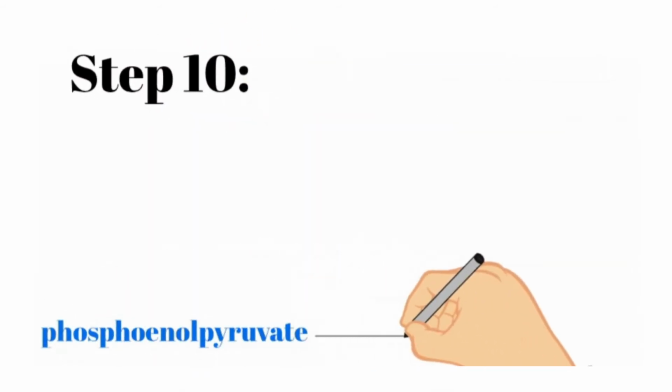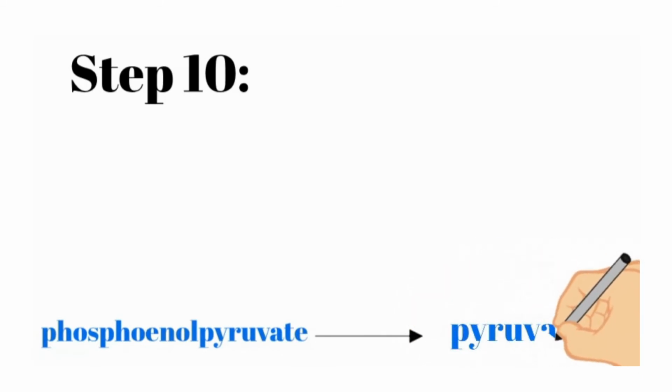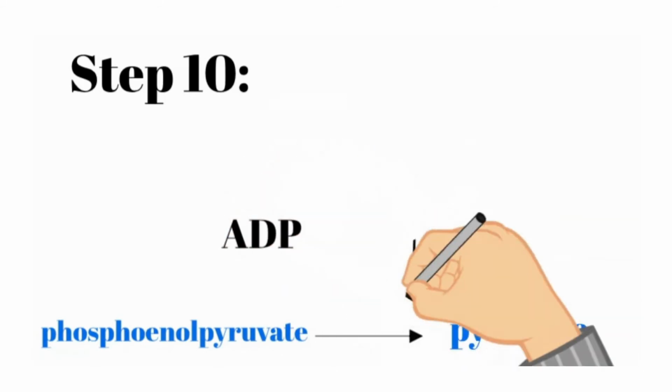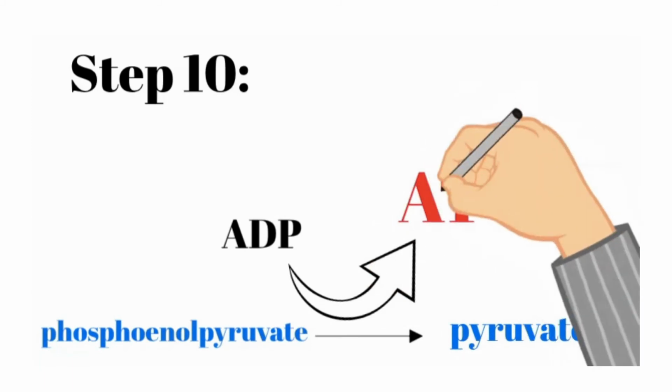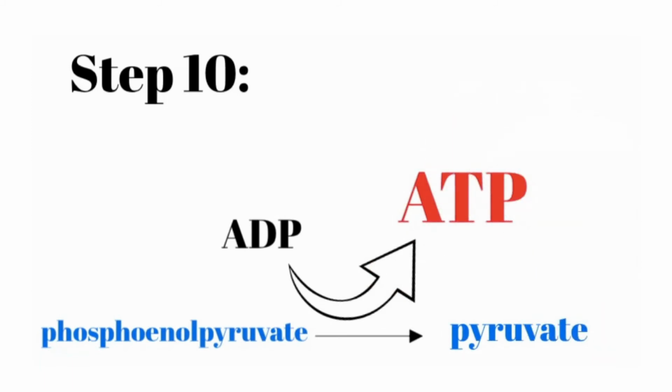Step 10, which is the last step of glycolysis, takes phosphoenol pyruvate and converts it to pyruvate. Pyruvate is the end product of glycolysis. And this step produces ATP. Once again, at the beginning, we suggested glycolysis starts with 1 molecule of glucose and ends with 2 molecules of pyruvate.